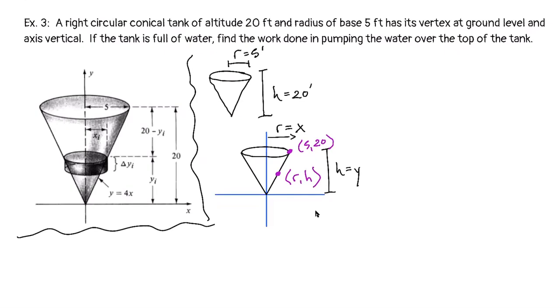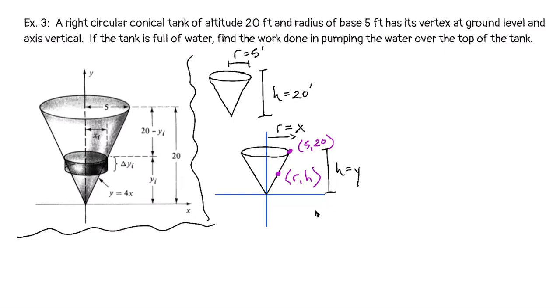Now, let's generalize this. 5 comma 20 is that specific point. But every time I have an X value, I'm going to multiply by what to get the Y value? 4. 4, okay?